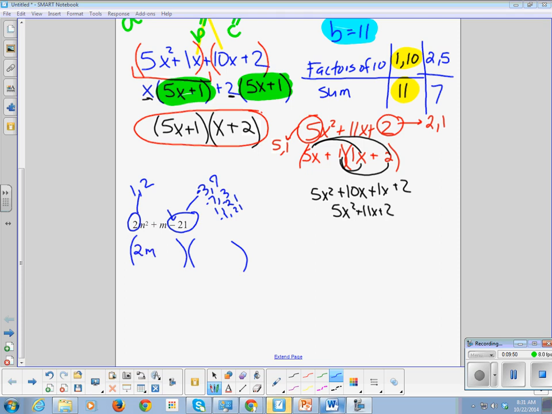So I'm going to put 2m here and 1m here. And then I'm going to test. I'm just going to throw it out there. Let's go, I do plus 3. Let's go positive 7 minus 3.